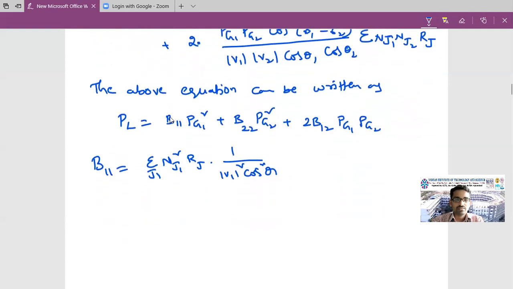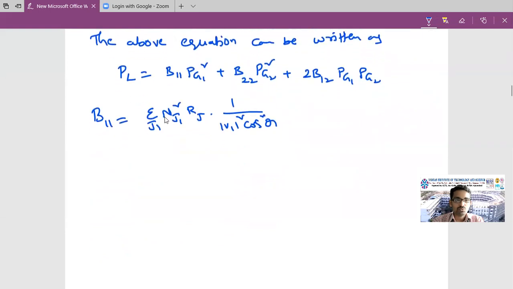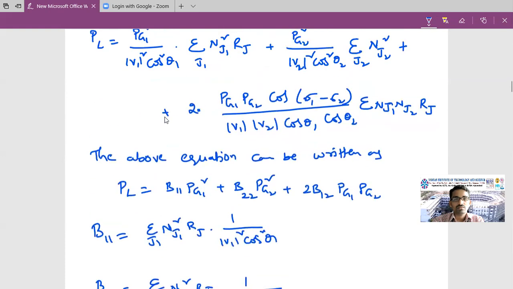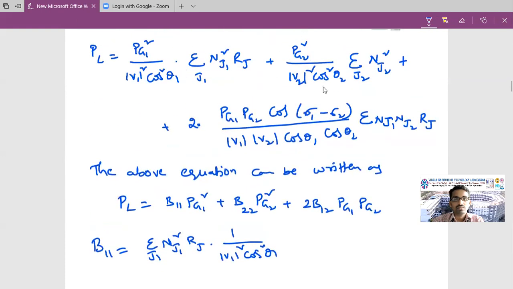And B22 is nothing but summation j2 nj2 square into Rj into 1 by V2 square cos square theta 2, the multiplier of Pg2 square.